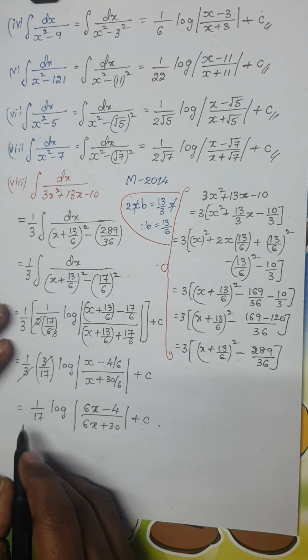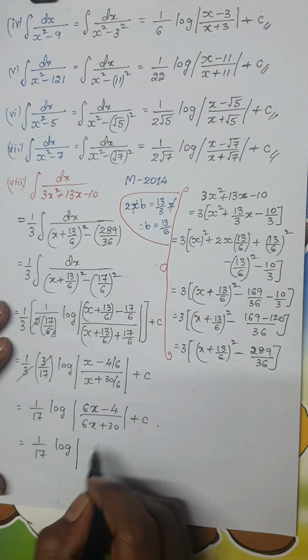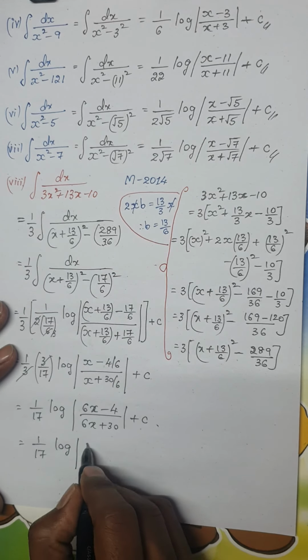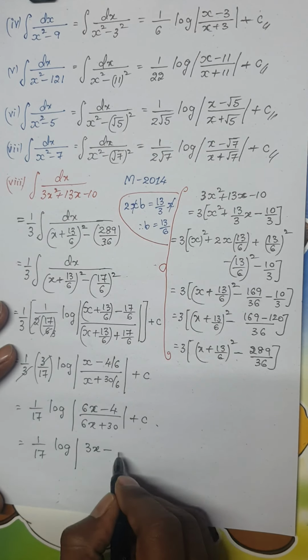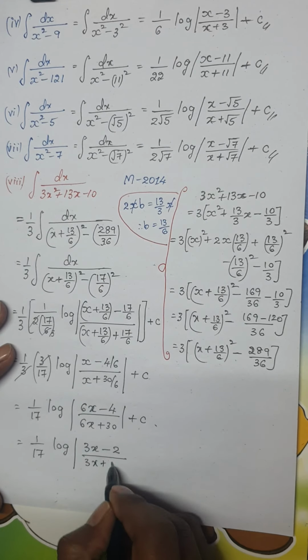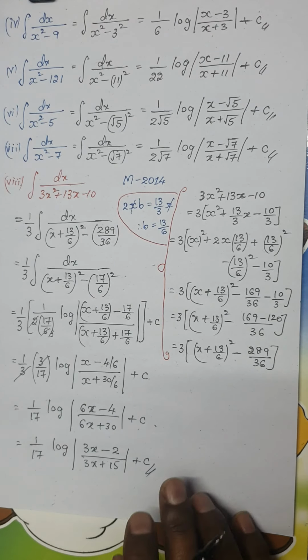You can further simplify this as 1 divided by 16 into log of mod. If you take 2 common in both numerator and denominator and cancel, you can write 3x minus 2 divided by 3x plus 15 plus c, which is the constant of integration.